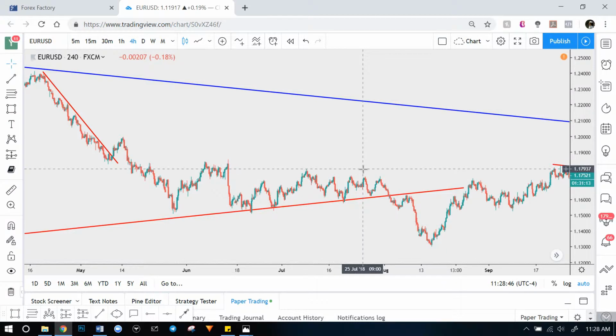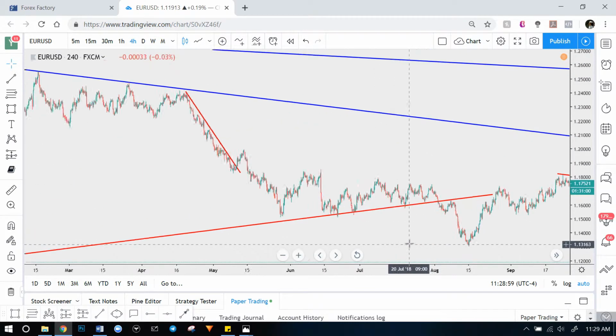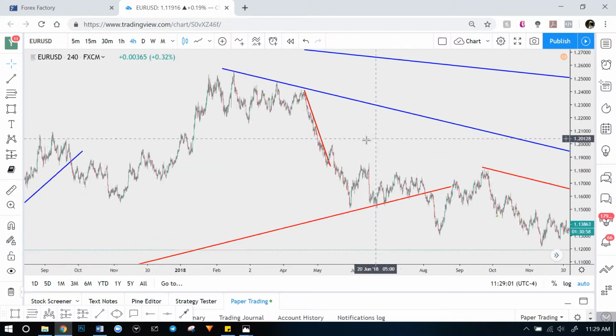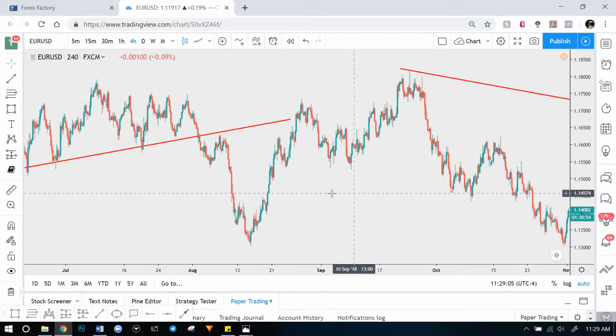The more times a trend line is touched, the weaker it becomes. So this right here was a break of the trend line, a retest, and then more continuation. With trend lines, you would go in at the retest of a broken trend line.